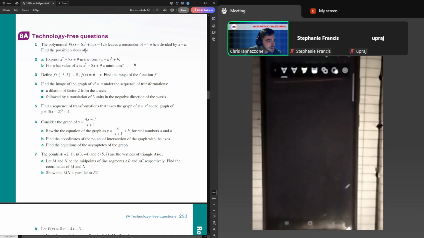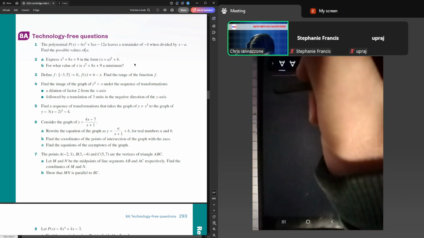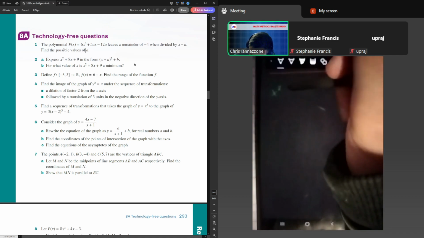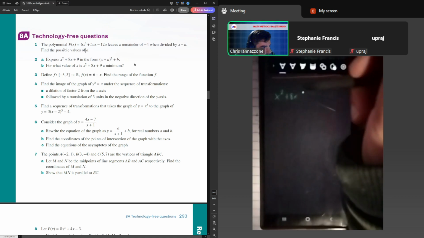Okay, that's that one. Question 2. Express a quadratic in another quadratic form. I don't know if we'll do too much of the actual arithmetic of it. Can anyone tell me what's going on in question 2a?